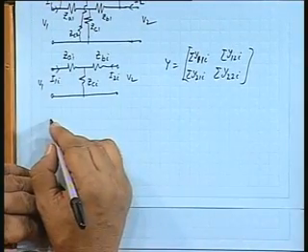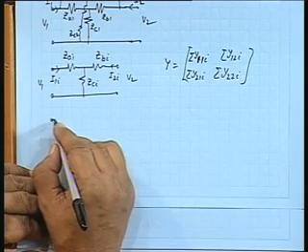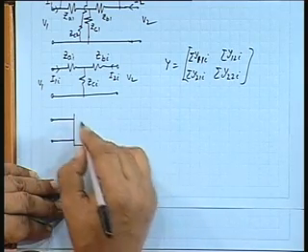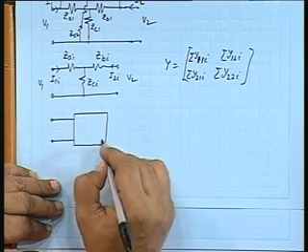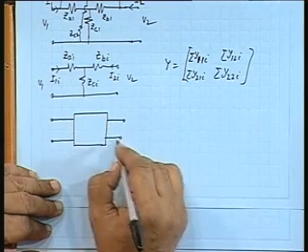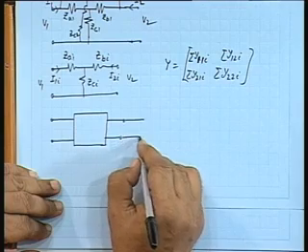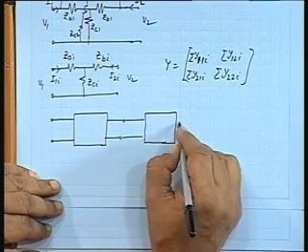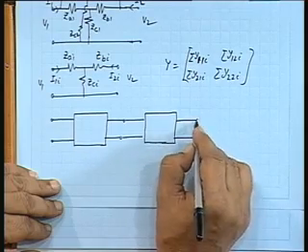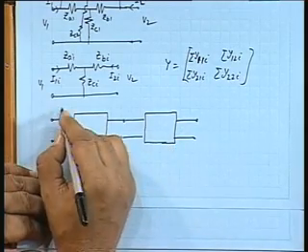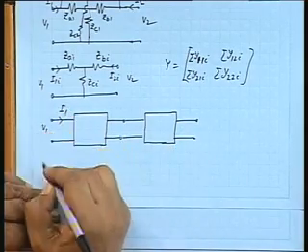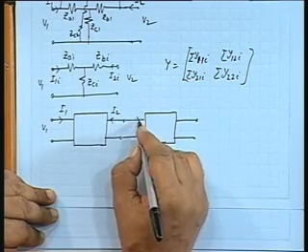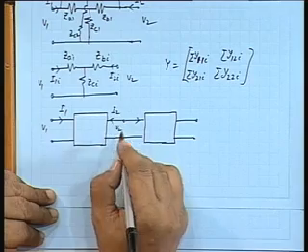Next, suppose you have two such two port networks in cascade, that is, they are put in cascade like this, with I1, V1, I2, V2.